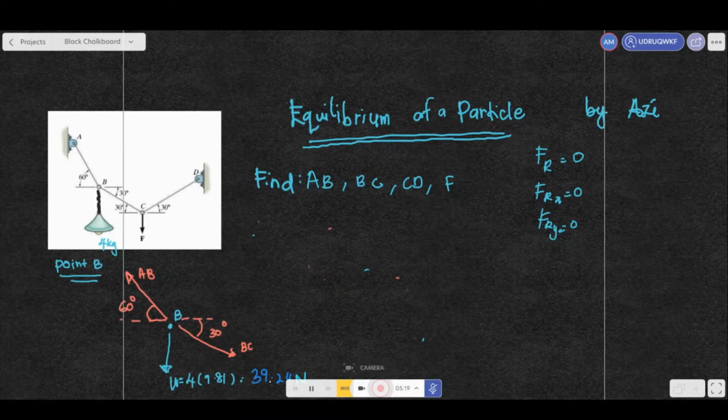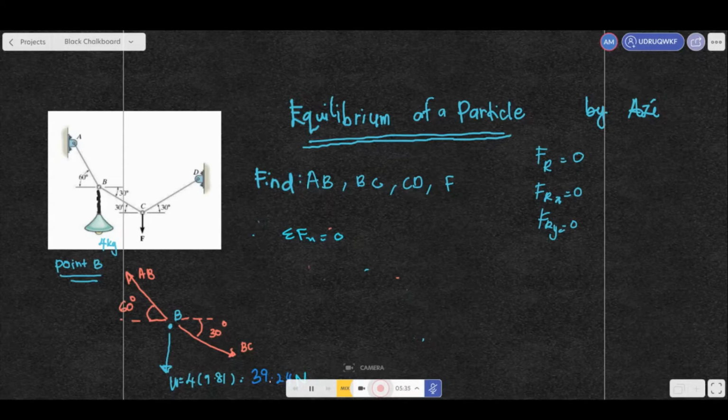So we can use rectangular components to solve the problem. If this is in scalar form, we just write like this. Summation of Fx equal to 0.